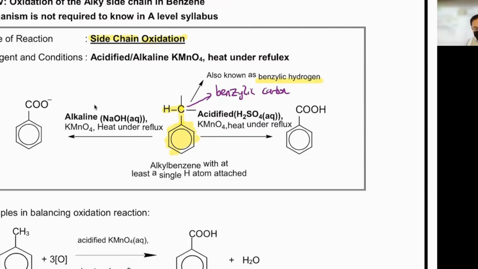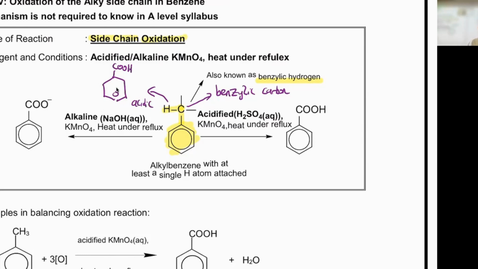So let me give you the step-by-step process, how exactly it's being broken down. Every time you do the alkaline condition, my recommendation is you do the acidic first, which means you will form carboxylic acid first. Think of it as acidic first. Let me write down. Now, this is done in alkaline.